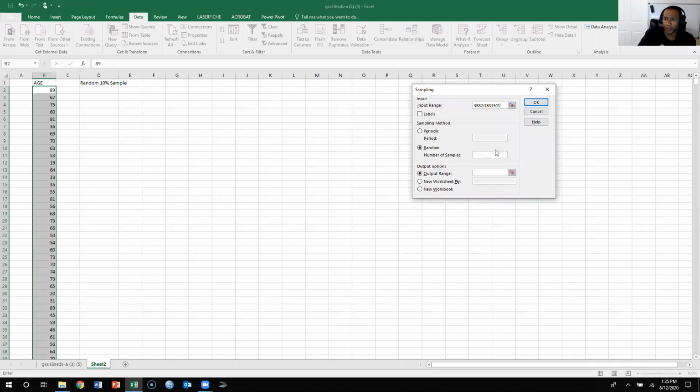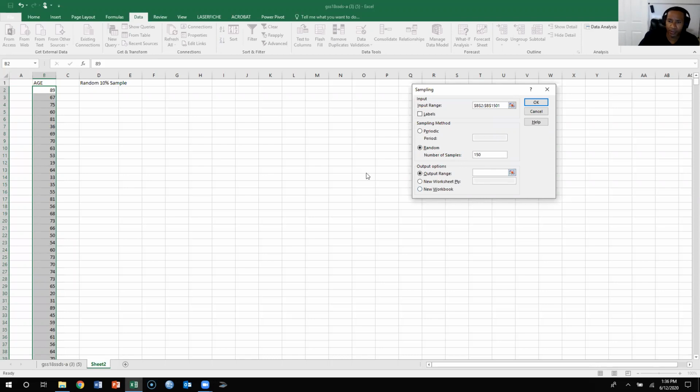And I am going to use a random sampling method. So you see periodic. Periodic is kind of like a systematic sample that we also learned about in lecture, but we want to do a random sample. So random sample, and I want an N of 150, so I'm going to put 150 here.